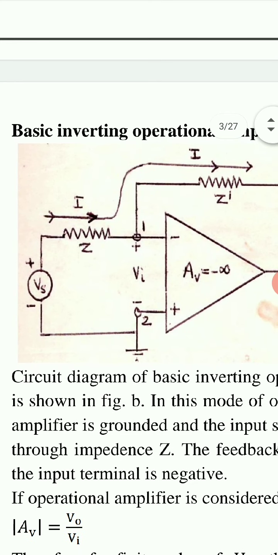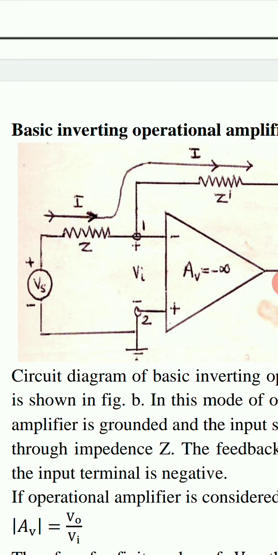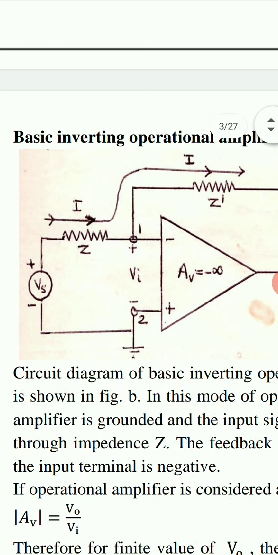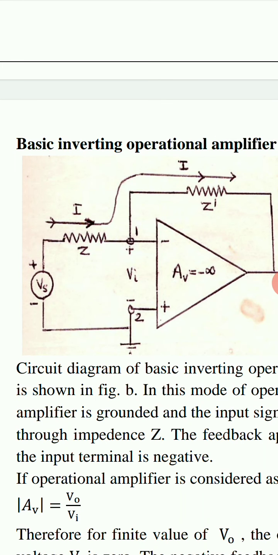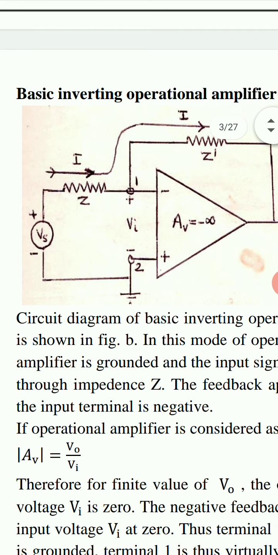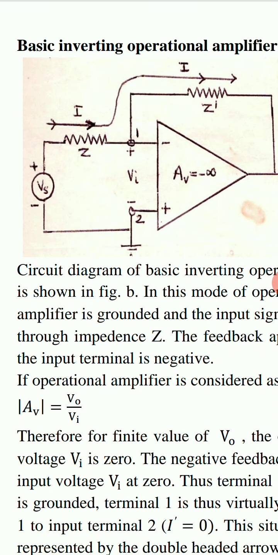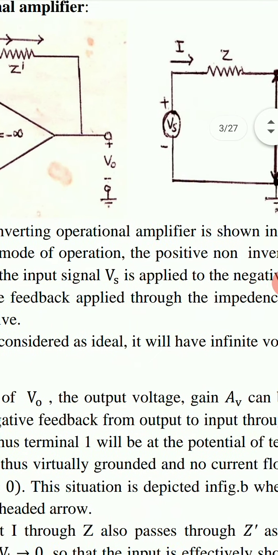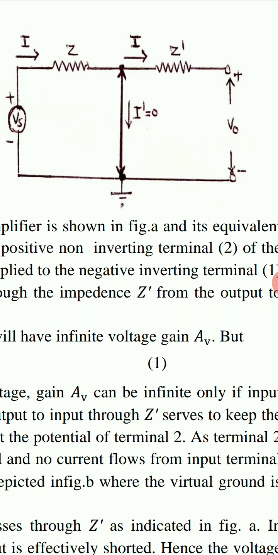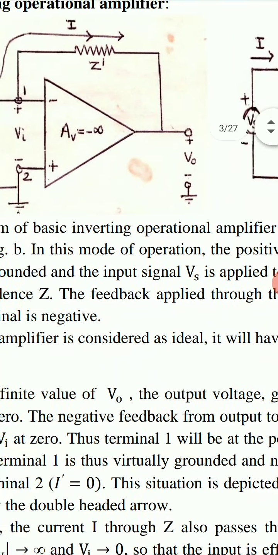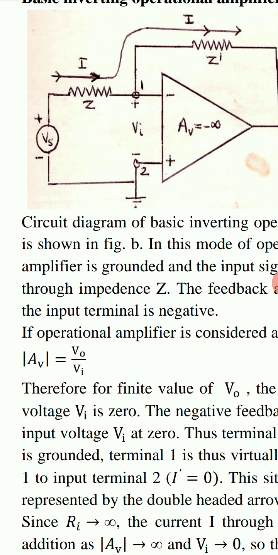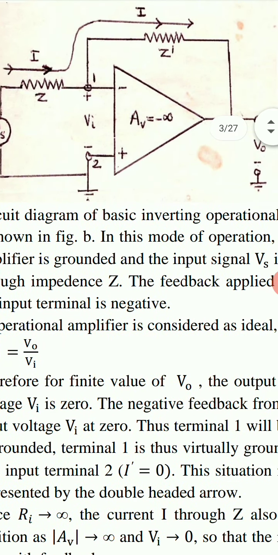As we can see in this figure, non-inverting terminal, positive terminal 2 is grounded, while signal Vs is applied at inverting terminal 1 through resistance or impedance Z. The feedback applied through the impedance Z dash from the output to the input terminal is negative feedback.